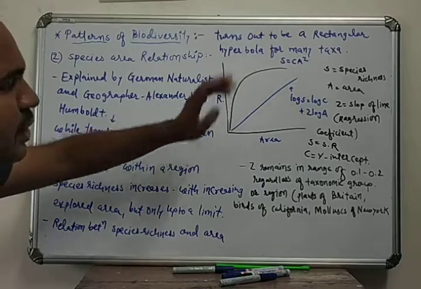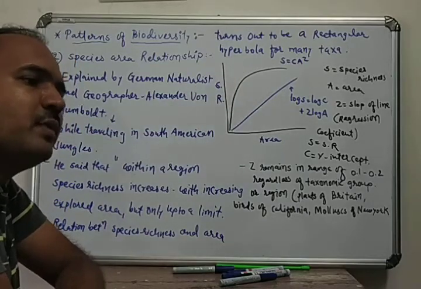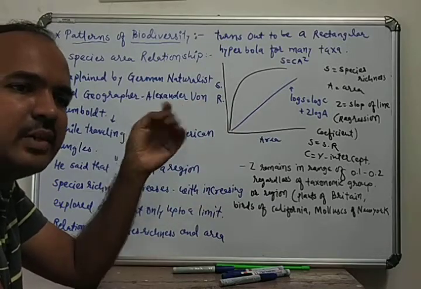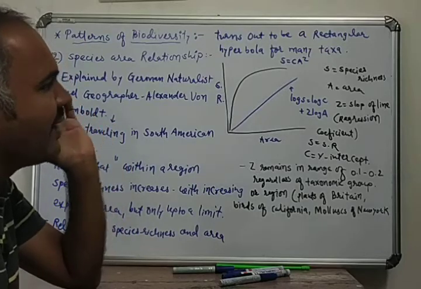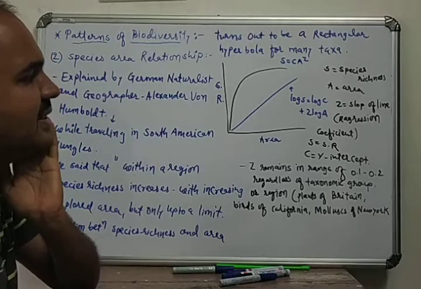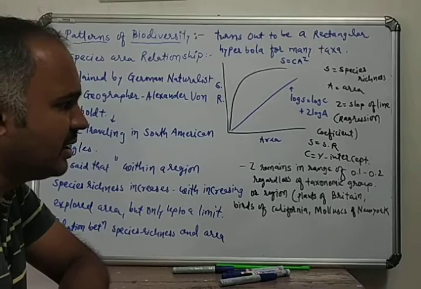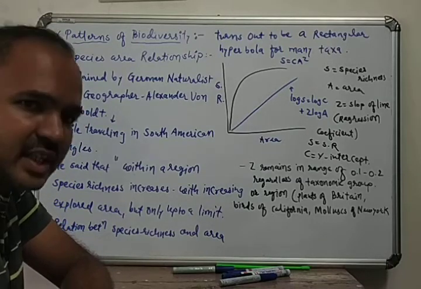The equation of that graph is S is equal to C A raised to Z, and if we draw the same graph using log scale, then its equation will be log S is equal to log C plus Z log A, where S is species richness, A is area, Z is the slope of the line, also known as the regression coefficient, and C is the y-intercept.